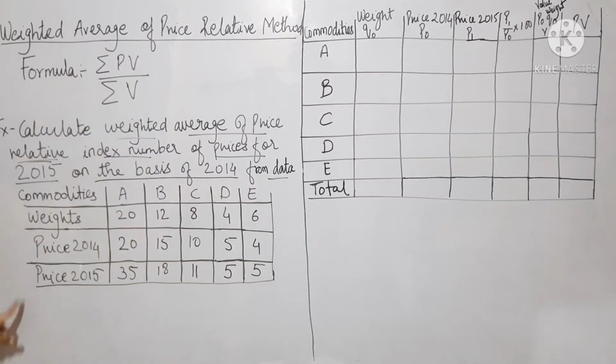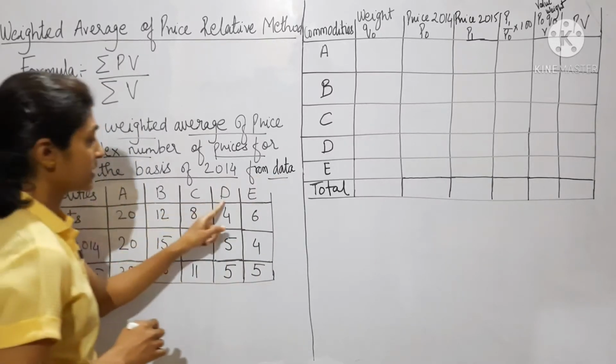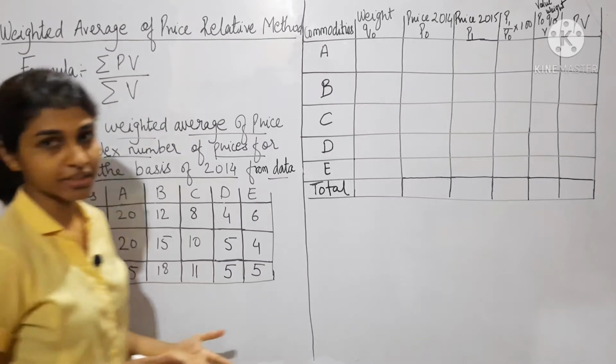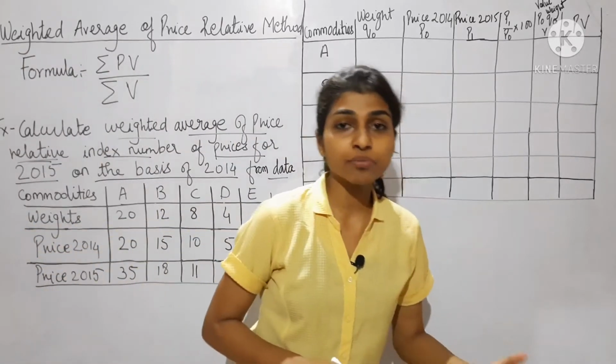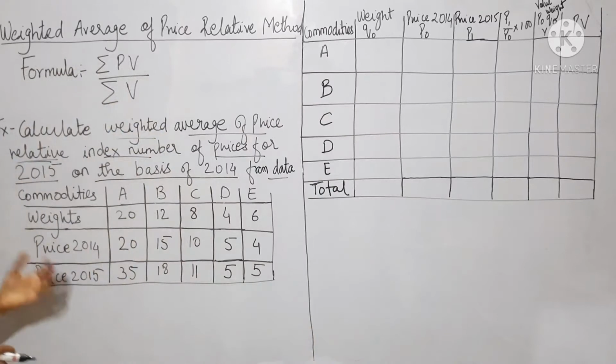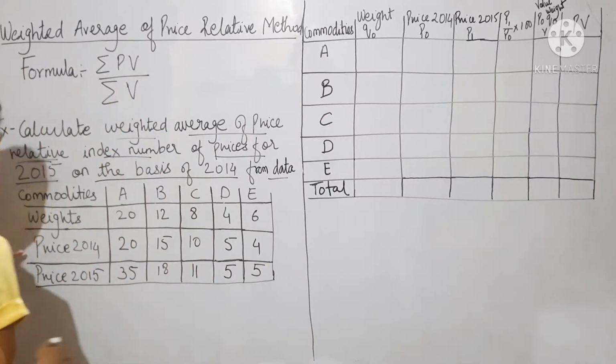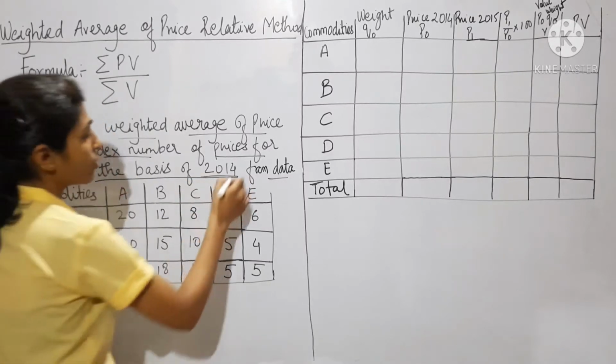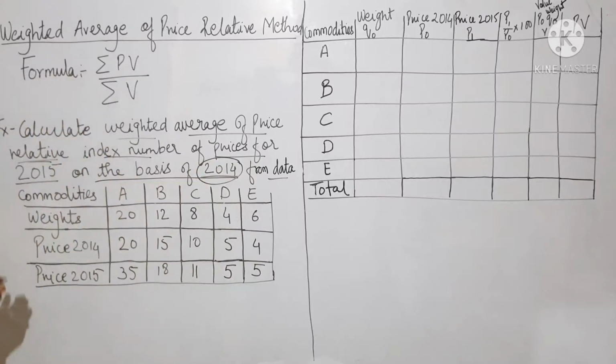This is the data: commodity A, B, C, D, E. In this method, weight means the quantity or weight of the commodity. So quantities are given, then price 2014, price 2015. 2014 is the base year and the current year is 2015.